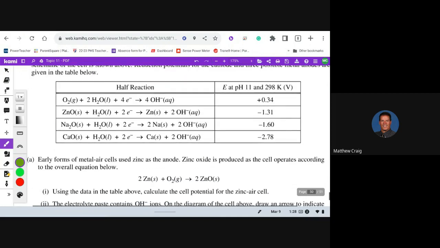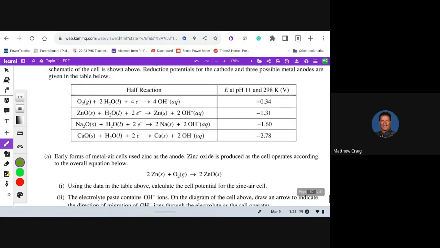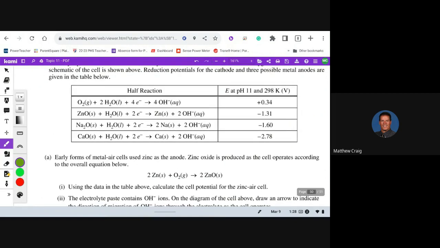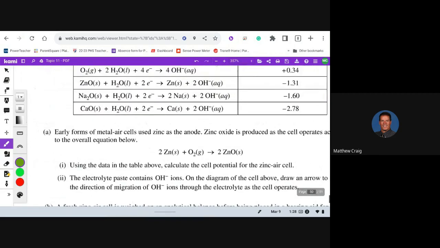All right. So A says early forms of the metal air cells used zinc as an anode. Zinc oxide is produced as the cell operates according to the overall equation below. So we have solid zinc with oxygen gas makes zinc oxide. So we go solid gas to a solid. Okay. All right.